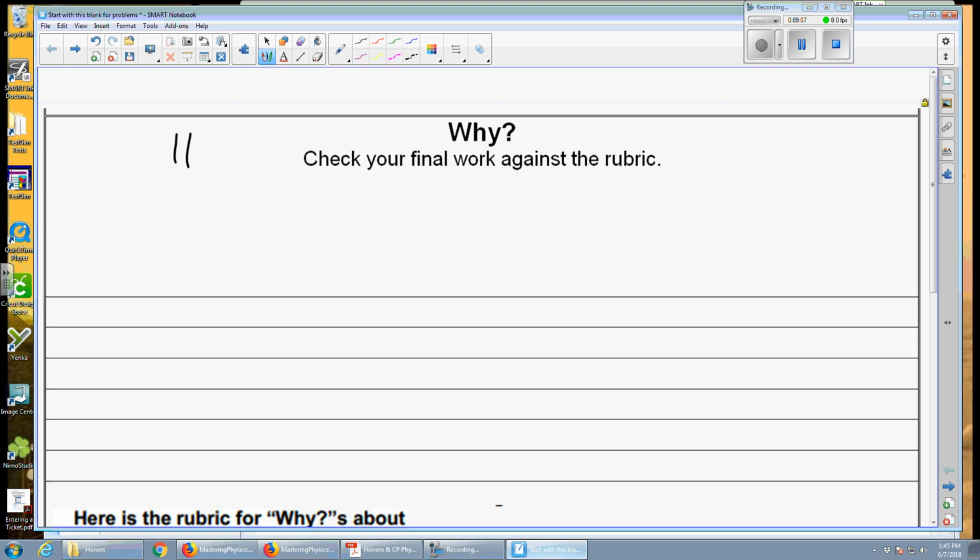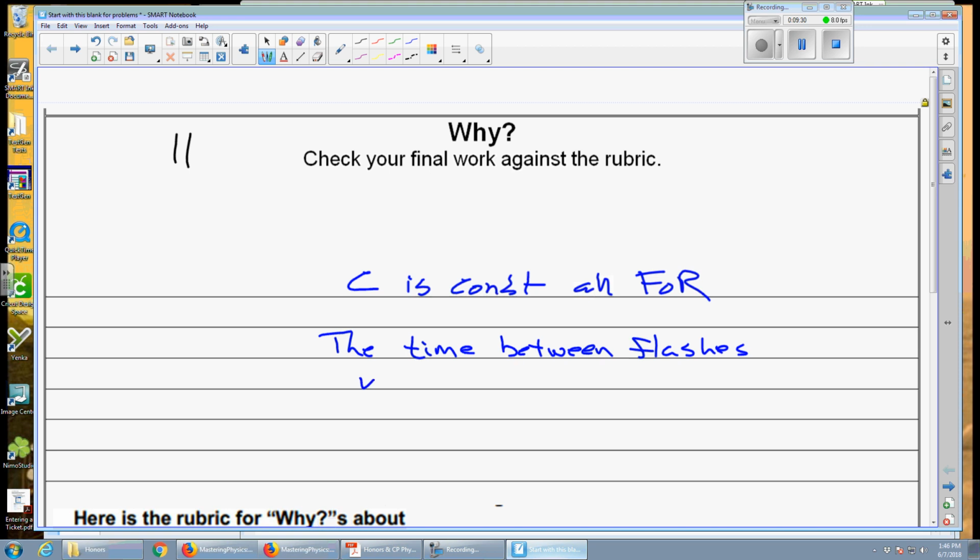Of course, all right. The time between flashes will be less as measured by the ship.